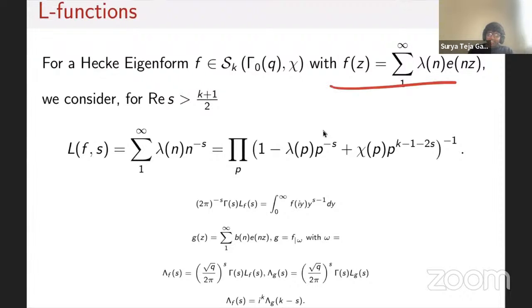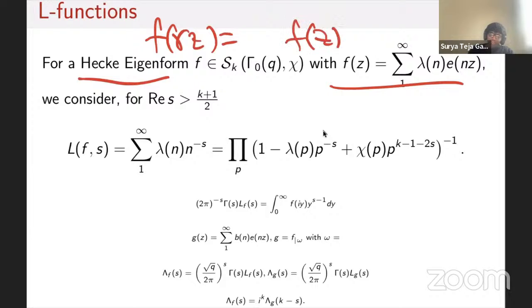So once you have these new forms, functions which satisfy not only these automorphic properties, they also satisfy these eigenfunction equations as eigenfunctions of the Hecke operators.